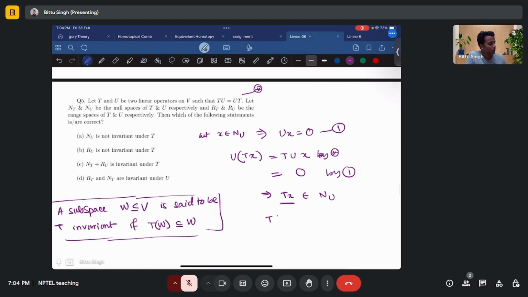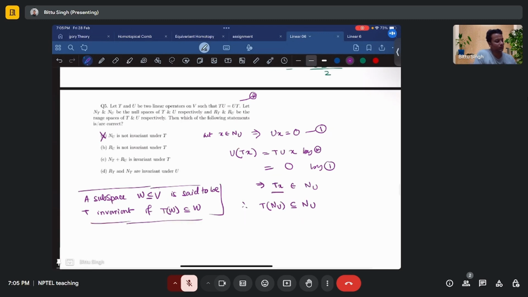That is, T applied on NU is contained in NU. So it is clear that NU is actually T invariant, so this is false.